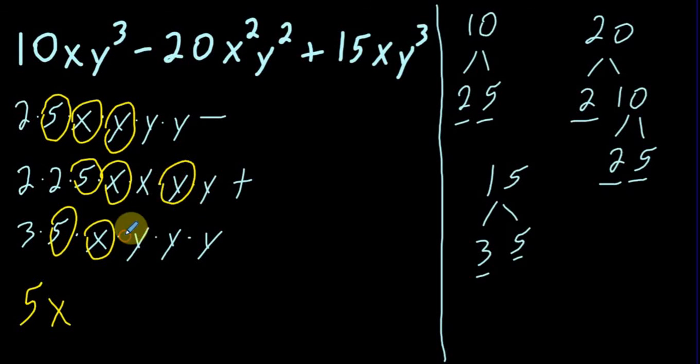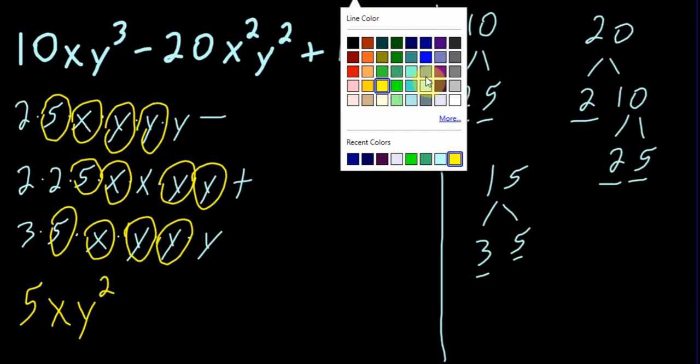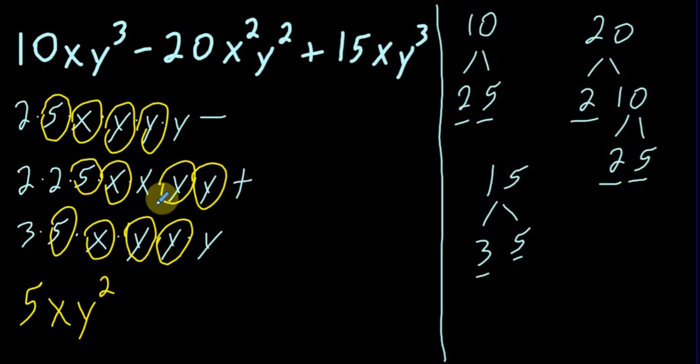I have a y here and a y here, but there's no more here, so we're done. So we had 2 y's, 2 y's, 2 y's. So outside, y squared.